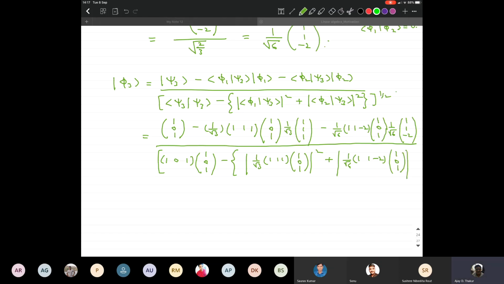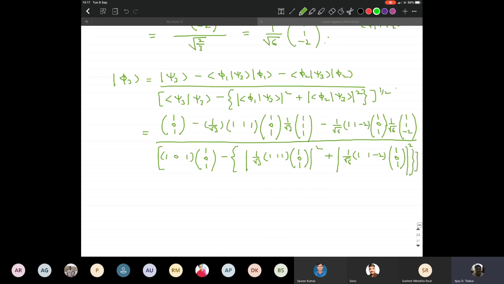This thing again mod square, we have to close the middle bracket, we have to close the square bracket, and we have to put a square root. So basically 1 by 2. Yeah. So that would lead us to the quantities.